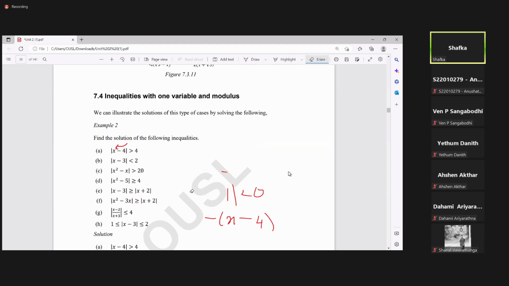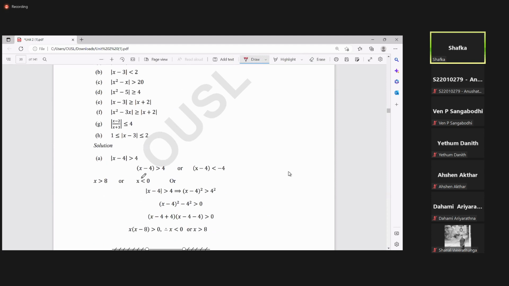Since we have only one inequality here, but when you consider both cases, you have two inequalities. x minus 4 is greater than 4, or minus of x minus 4 is greater than 4. Once you multiply both sides by minus 1, the sign changes, so x minus 4 is less than minus 4.